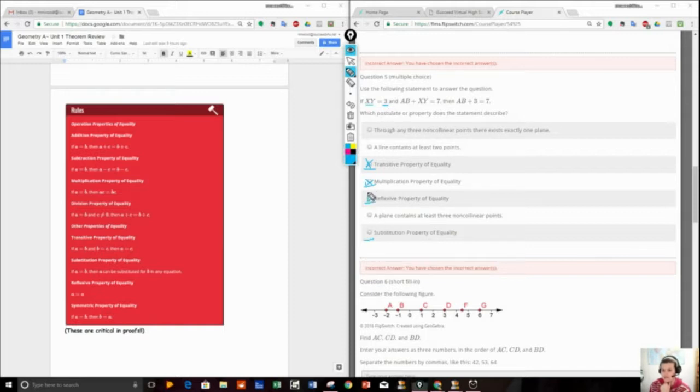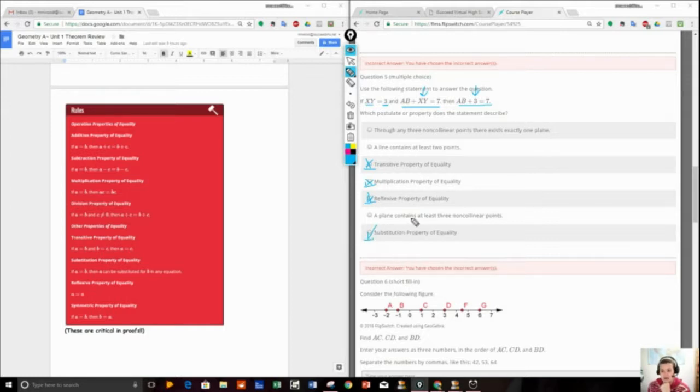No. Okay, so then the substitution property of equality: if A equals B, then A can be substituted for B in any equation. So if xy equals 3, and then I see this equation, and then I see it again, and right where the xy was located, we see a 3. That is the substitution property of equality.